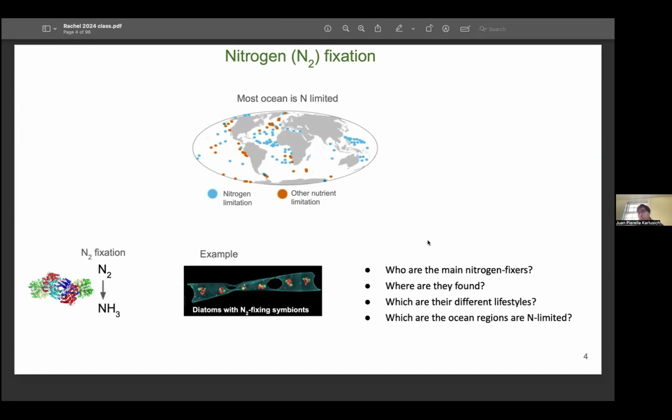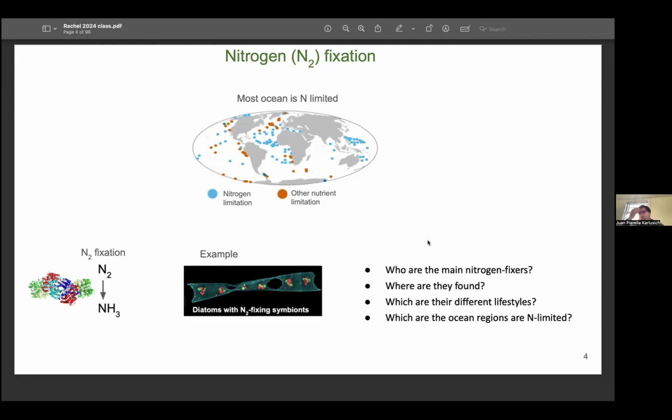There are also some cases of integration that are now more recently considered to be already an organelle. So that's why it is very useful to analyze them using not only the genetic information but also their morphology.